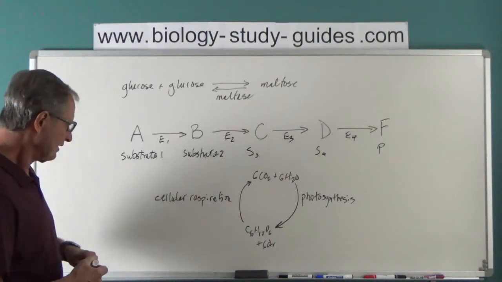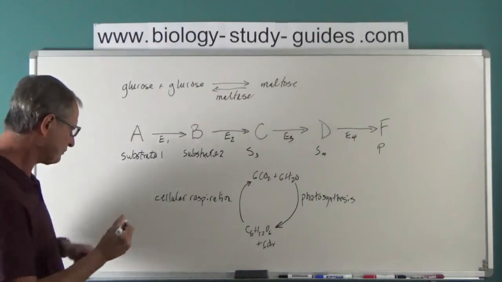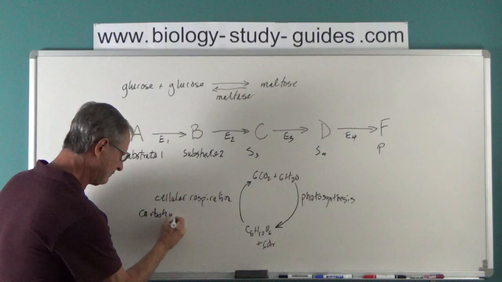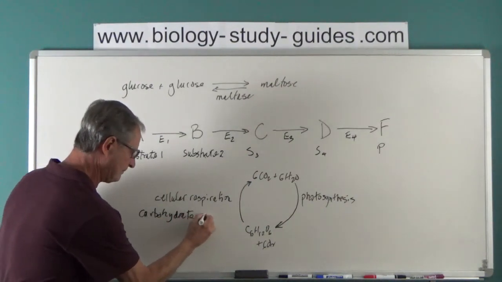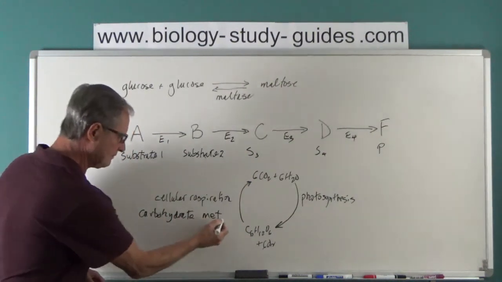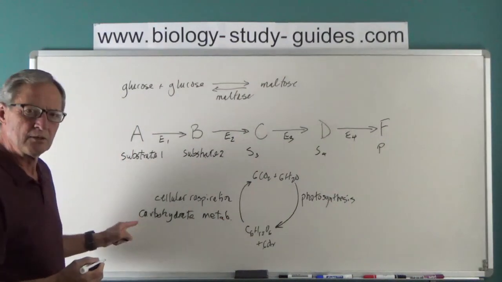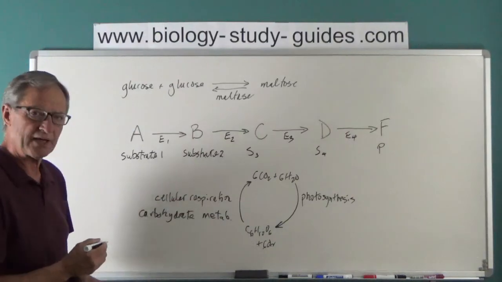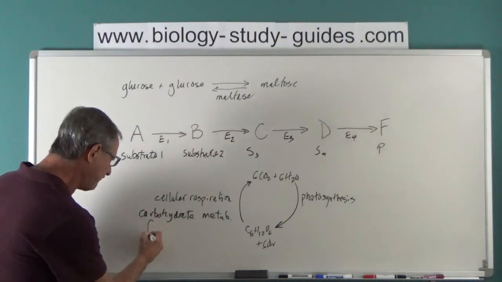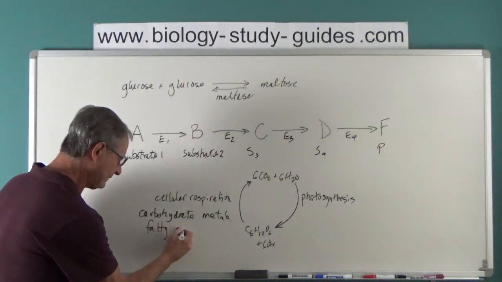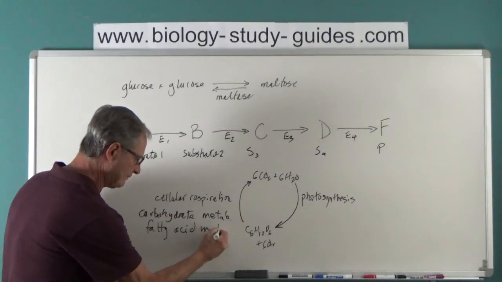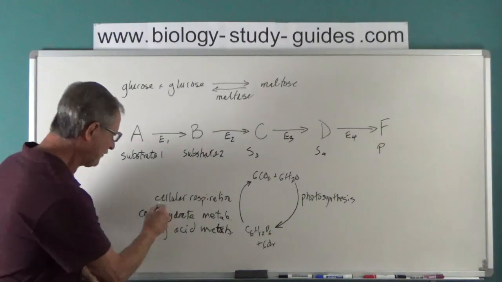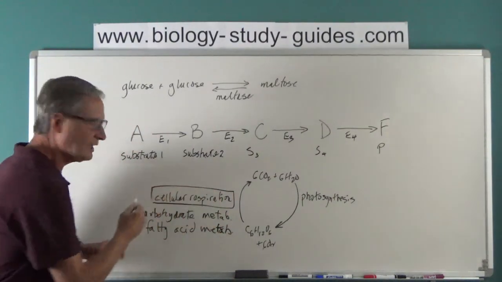Inside this umbrella, if you like, of cellular respiration, we have carbohydrate metabolism, which is where we actually take sugar here and metabolize it into smaller products. We also have fatty acid metabolism.